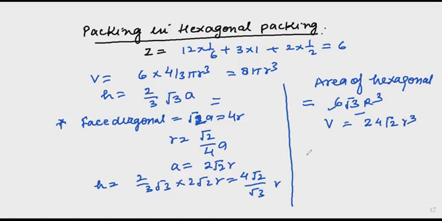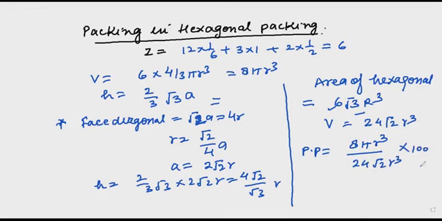Then the packing percentage is equal to 8 pi r cube upon 24 root 2 into r cube into 100.